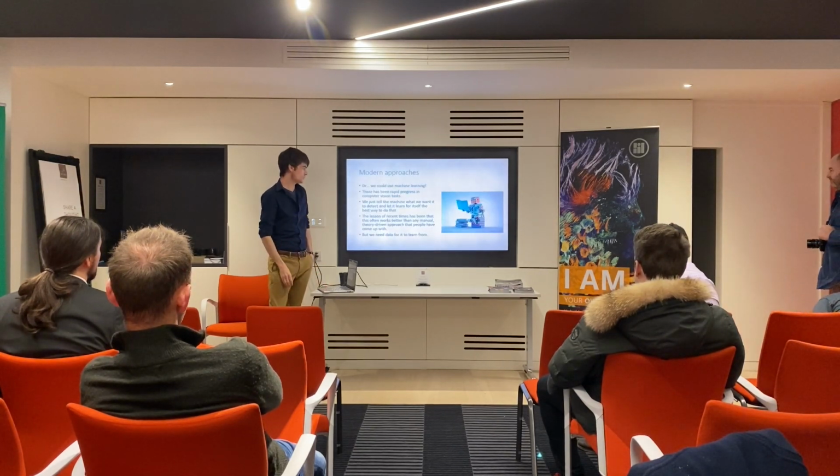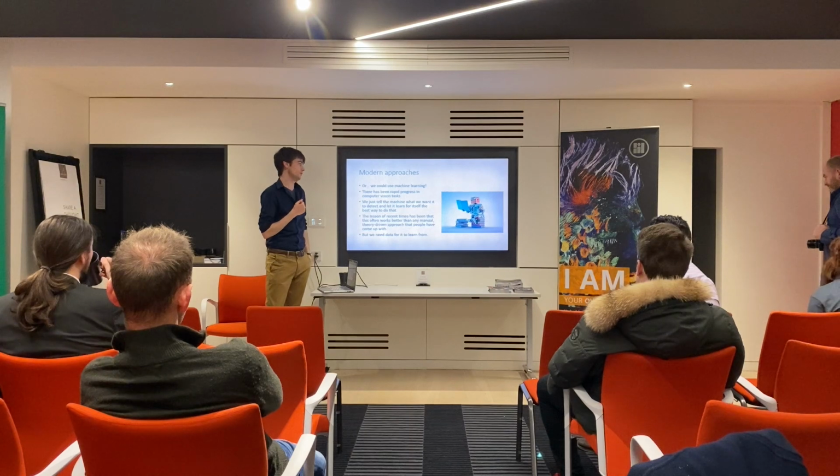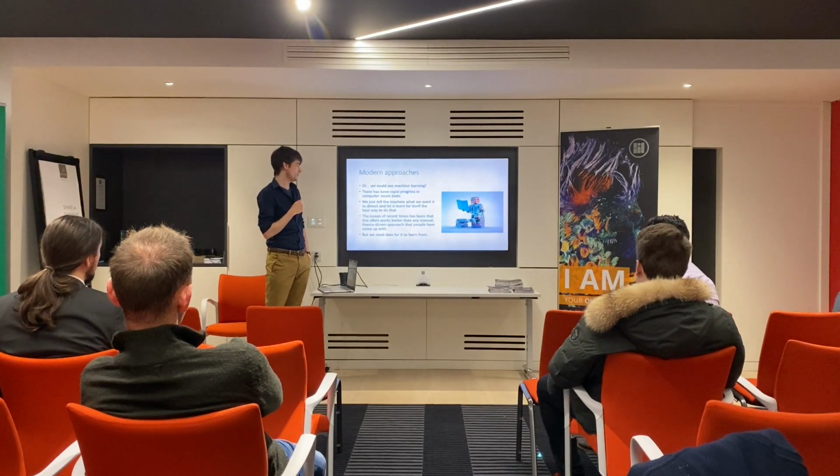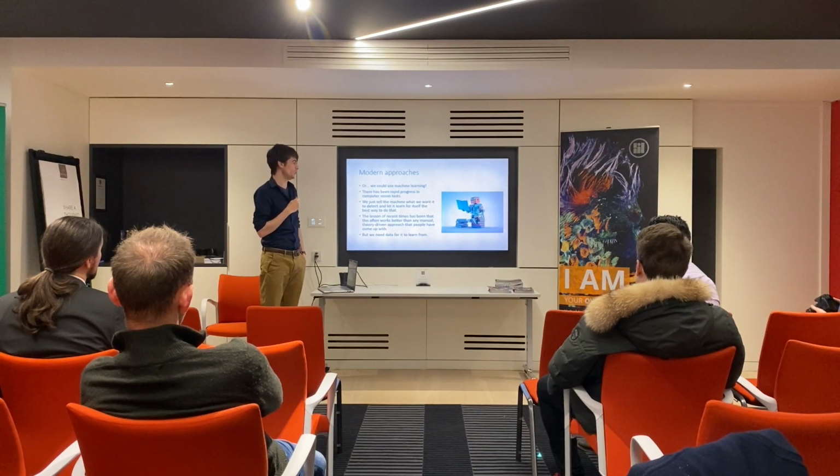Okay, so we could do that, or we could just use machine learning, which is a kind of awesome new thing that's taken off in the last 10 years. So there's been rapid progress recently, especially in computer vision. So instead of coming up with all this theory, we just tell the machine what we want it to learn, and then let it work out for itself the best way of doing that.